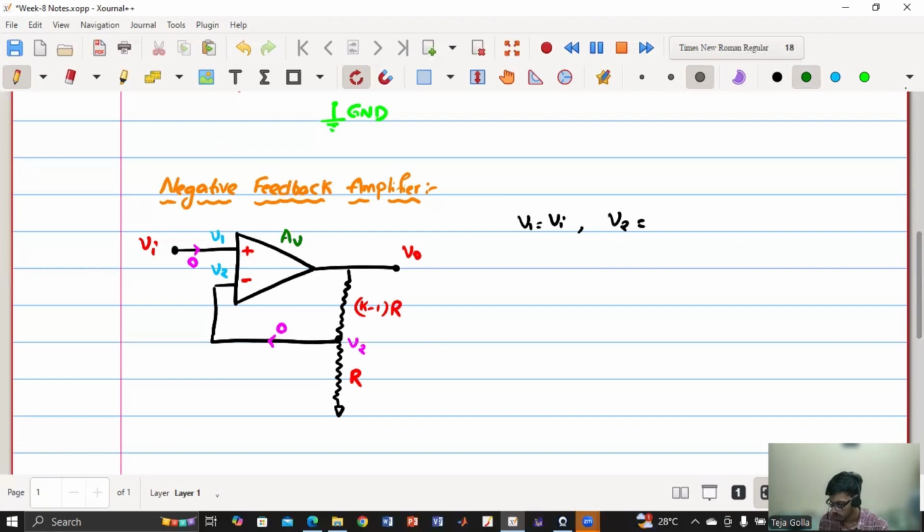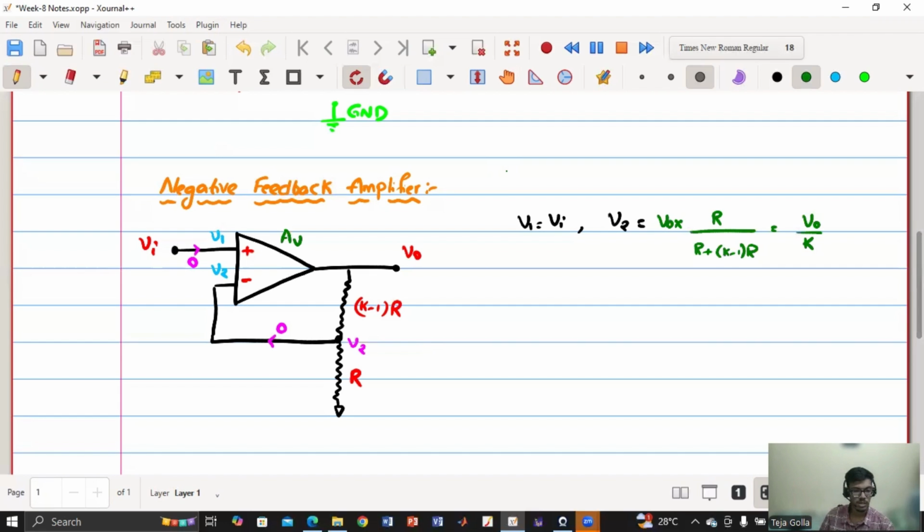V naught is the total voltage, and V2 is the voltage across resistor R. So what will be the voltage? Anyone? V naught by K. Yes, you're right. So V2 is nothing but V naught into R by R plus (K minus 1) into R, so we get V naught by K.